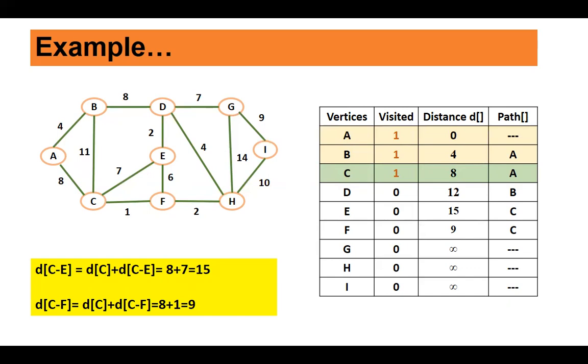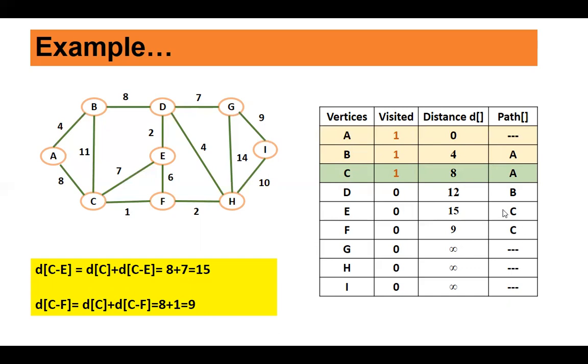Okay, the distance of E is 15. Now we updated it. Next, for distance from C to F. F distance we calculated as 9. How? The distance of C is 8 plus distance from C to F is 1. See, the distance of E and F were infinity. So these 15 and 9 are already less than infinity, so we update it. We make it 15 and make it 9. And how did you reach E and F?